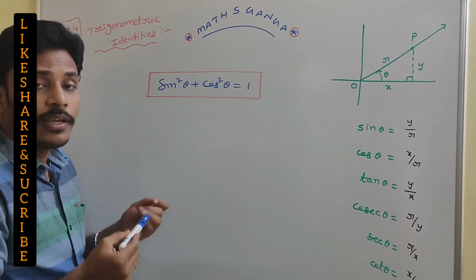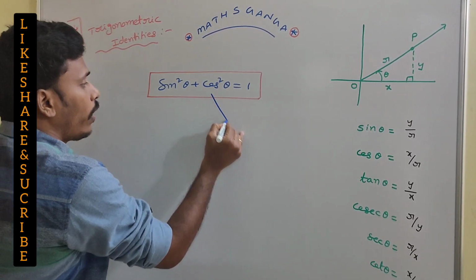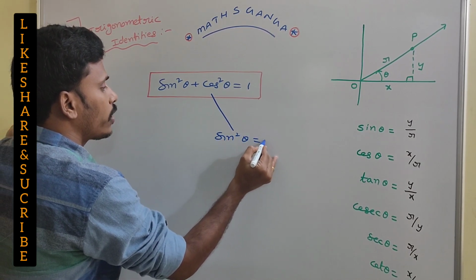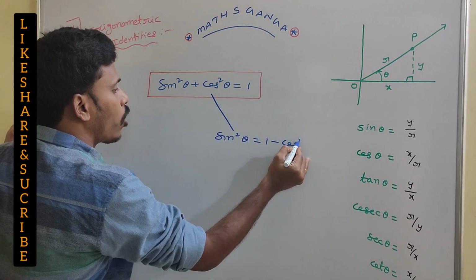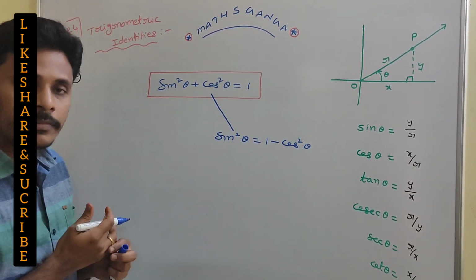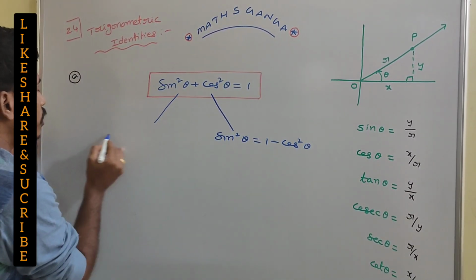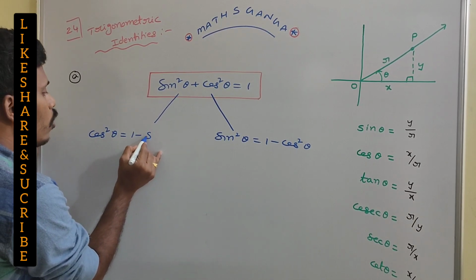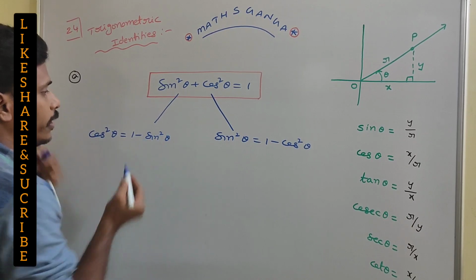Just have a look. In one way you make sin square theta the subject. It becomes sin square theta is equal to 1 minus cos square theta. Is it right? And in the other way you make cos square theta the subject, so cos square theta is equal to 1 minus sin square theta.